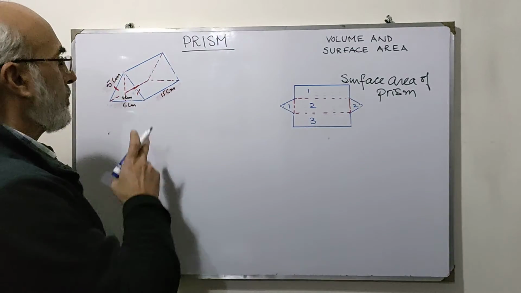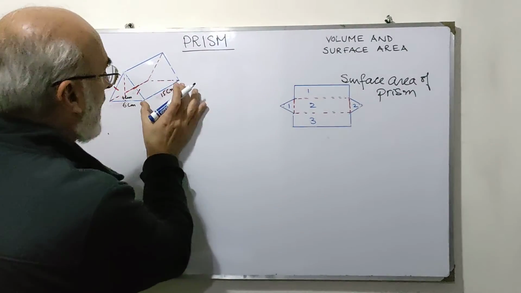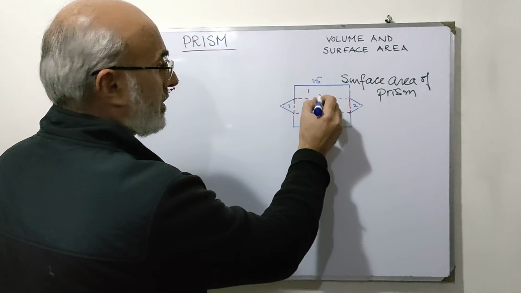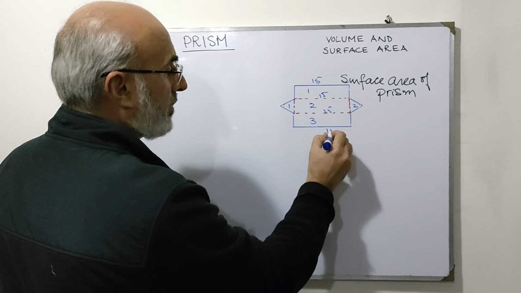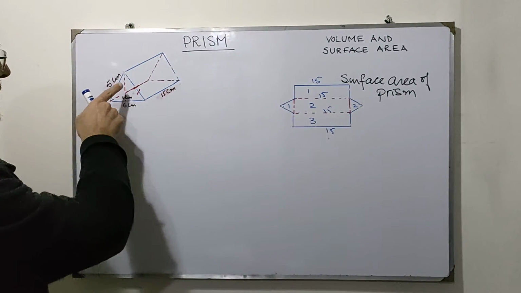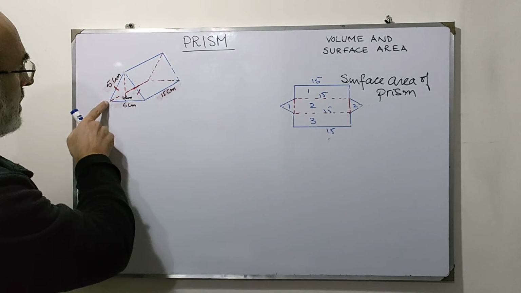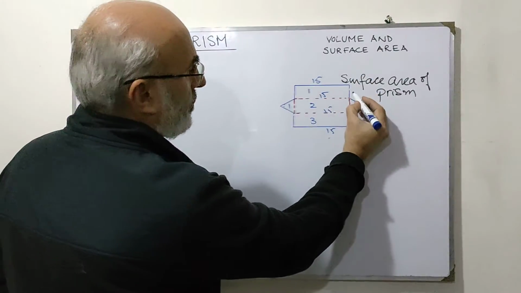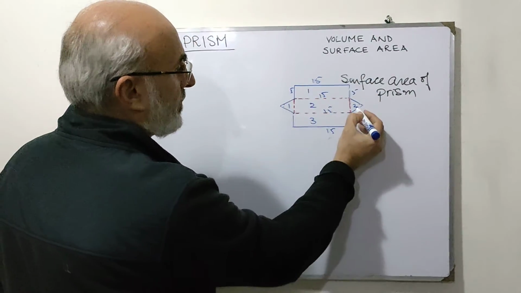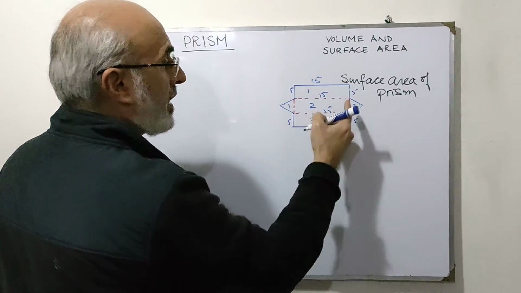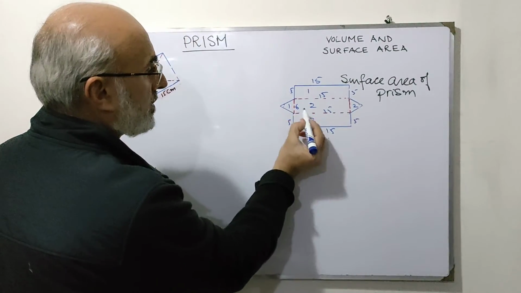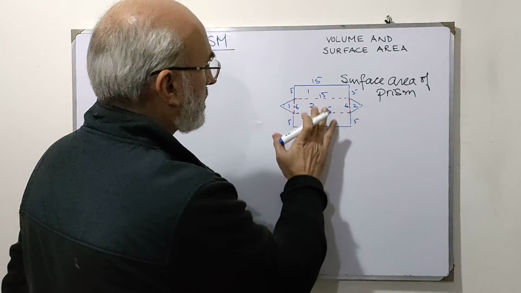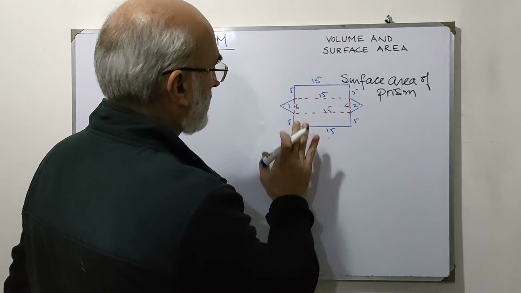And in this case, the height is now converted into the length of the rectangle, 15, 15, 15. You see why I was talking about the perimeter, because of the sides. One side is 5, 5, 5, and the base was 6. Too many numbers, so just removing some numbers so things look simpler.